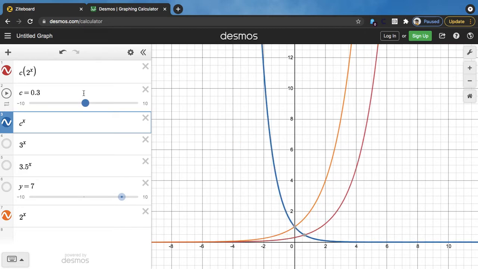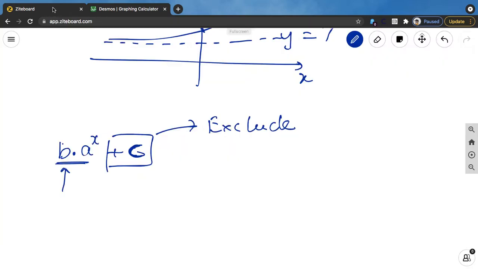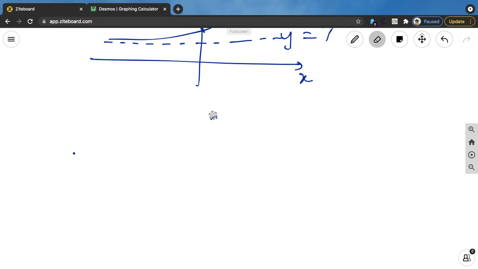So c is again here. If I think of a number getting multiplied with the exponent, this number is controlling the slope.